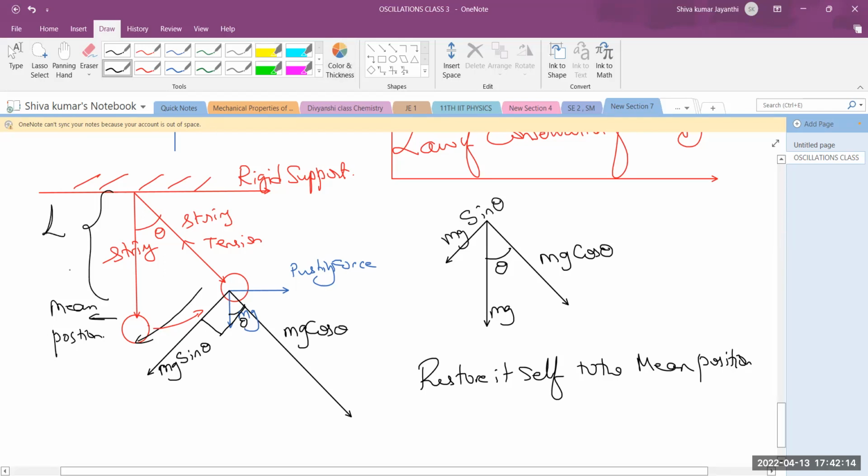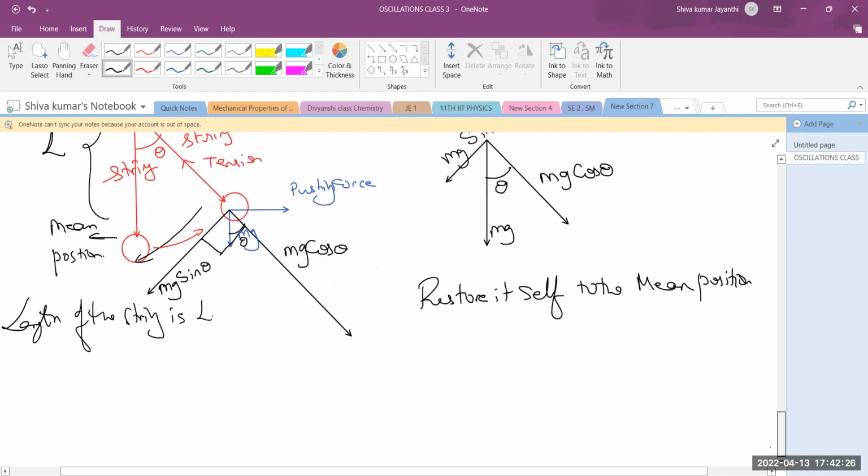And this length of the string, not spring, okay, string. Let us consider the length of the string as L. And what is the important characteristic and required parameter of the string? I told you, it is inextensible and massless.